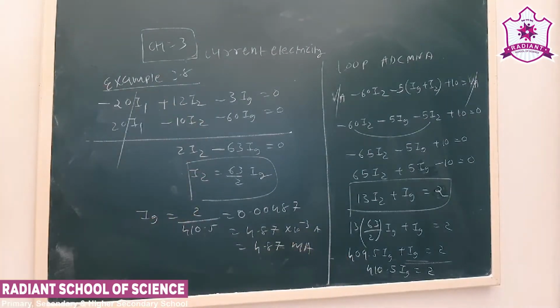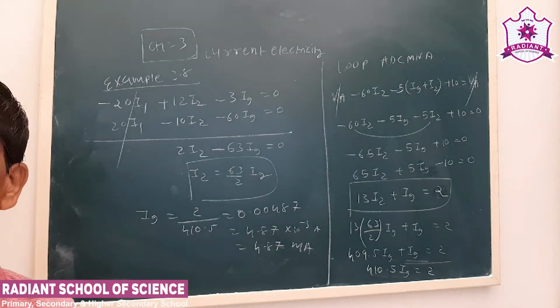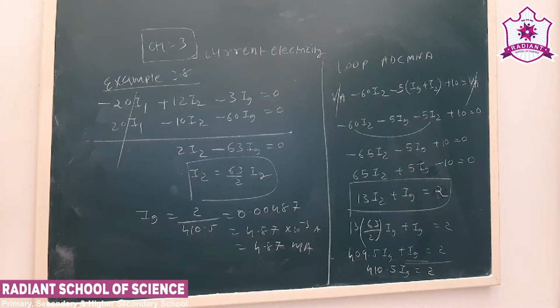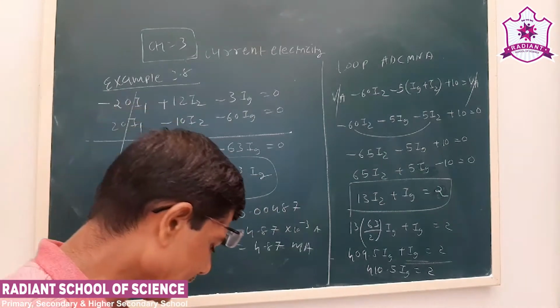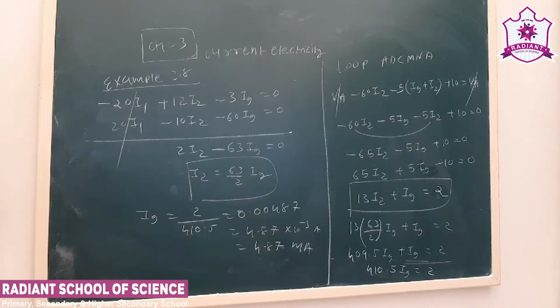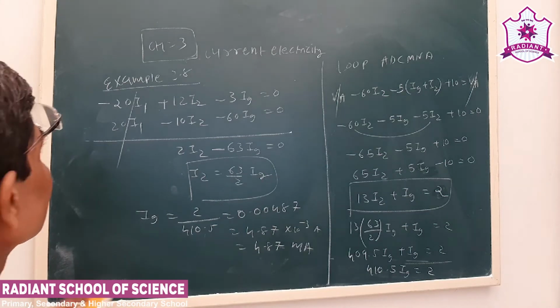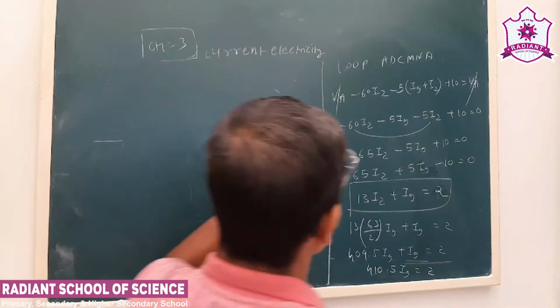By solving this we can obtain the value of IG. So this is nothing but our example number 3.8. Now next we have to take example number 3.9.